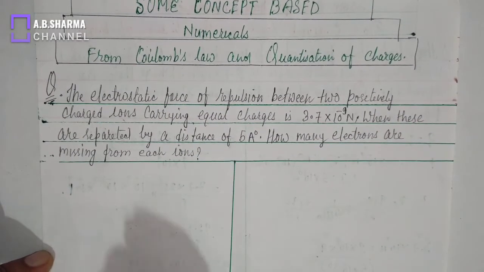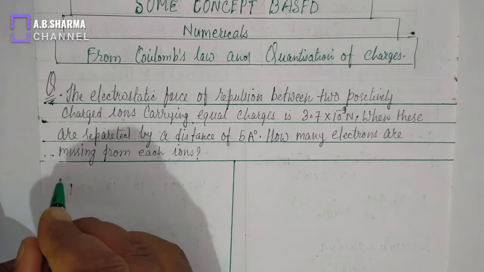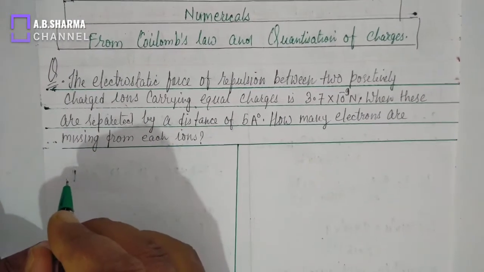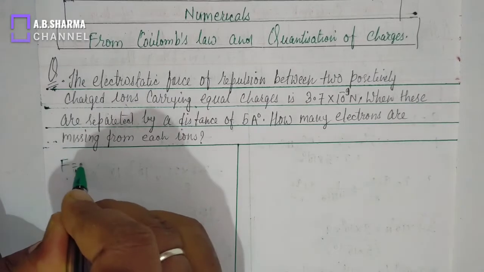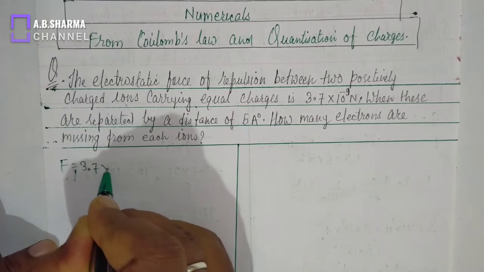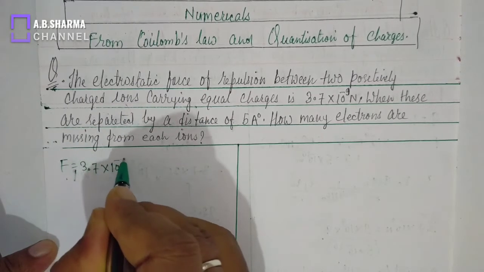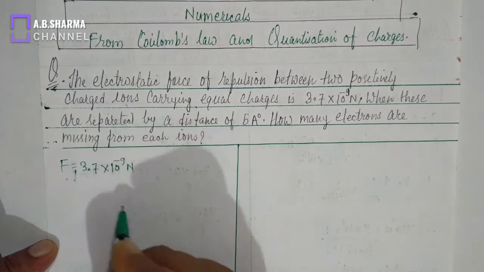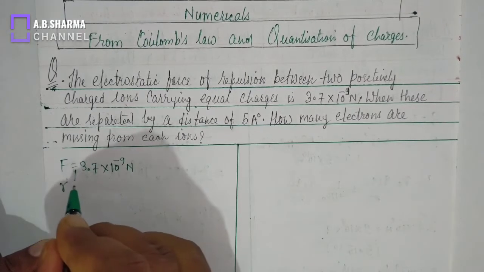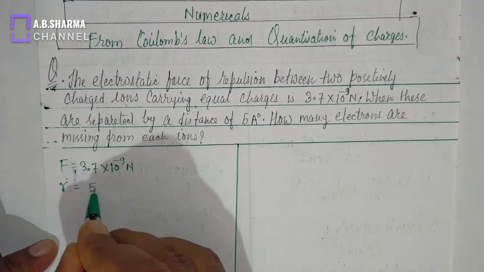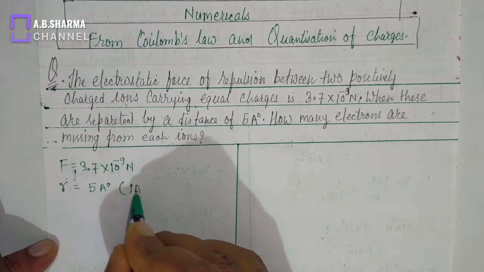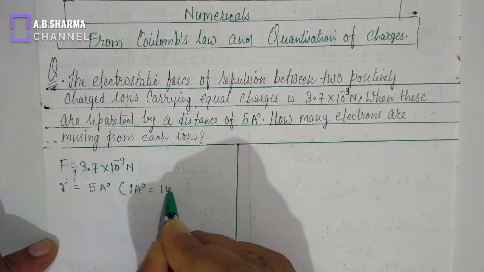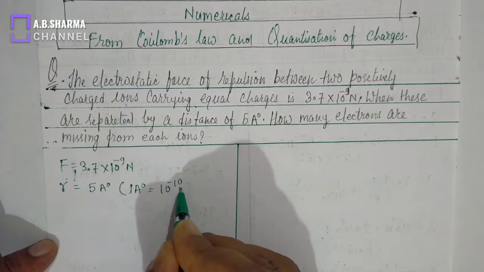First I will write down the given information. What is given here? Force is given, magnitude of force is 3.7 into 10 to the power minus 9 Newton. Distance is given, R equals 5 angstrom, and we know that 1 angstrom equals 10 to the power minus 10 meter.